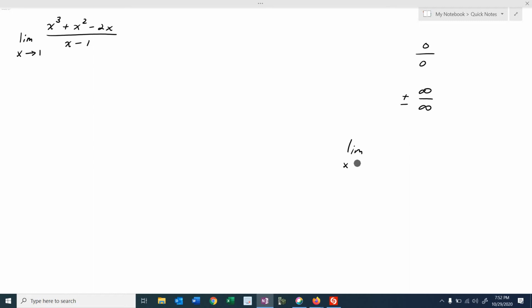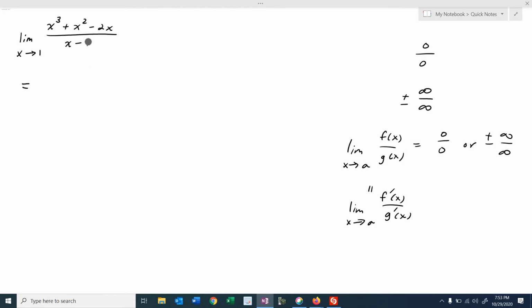It says that when you take the limit of f of x divided by g of x, and you get one of these two forms, either 0 over 0 or plus or minus infinity over infinity, then you can actually evaluate this limit by looking at the limit of f prime of x divided by g prime of x as x approaches this number a. One thing I want you to keep in mind is you can't use L'Hopital's rule if you don't have either of these two forms. You must have one of these two forms in order to use L'Hopital's rule.